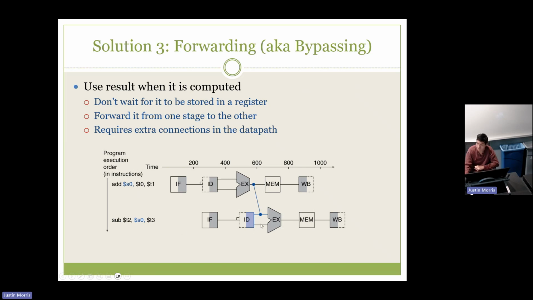So we need to also expand this mux down here. For the second operand, we need to be able to choose between the data from the register file, the sign extended immediate, or the forwarded operand. And in the first operand, it's just data from the register file or forwarded. Okay. So that's how we're going to implement this forwarding.